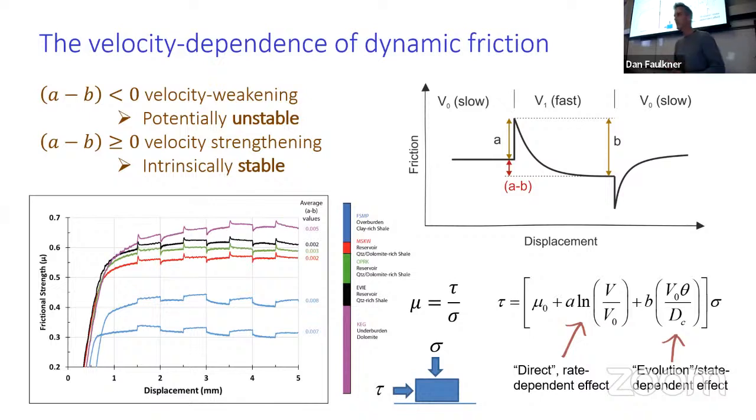But the reason we do this is to get an idea of how the strength changes as we start to slide our fault a little bit faster. And this gives us really important information about how earthquakes nucleate.